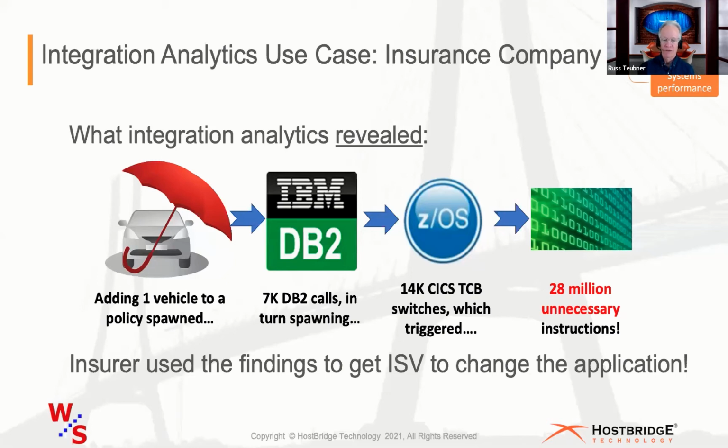that adding one vehicle to a policy was spawning, and this is the real number, approximately, when it was all said and done, about 7,000 DB2 calls, which, given the way the vendor had defined their application to CICS, was causing 14,000 what we call TCB switches, very inefficient, generating for every, or wasting for every policy being added, and many other operations, about 28 million unnecessary instructions.